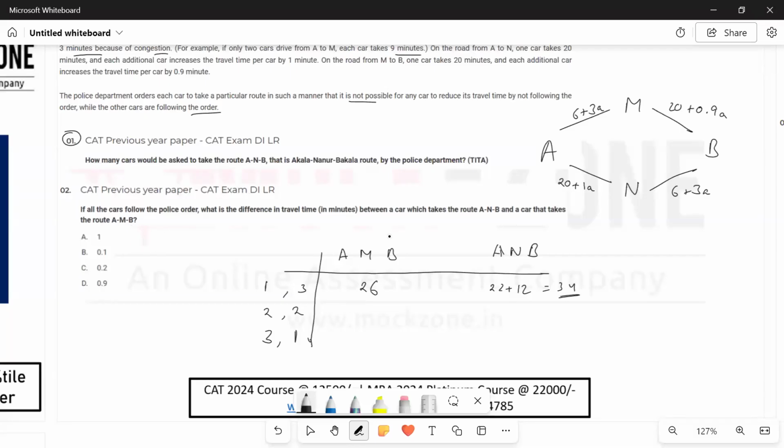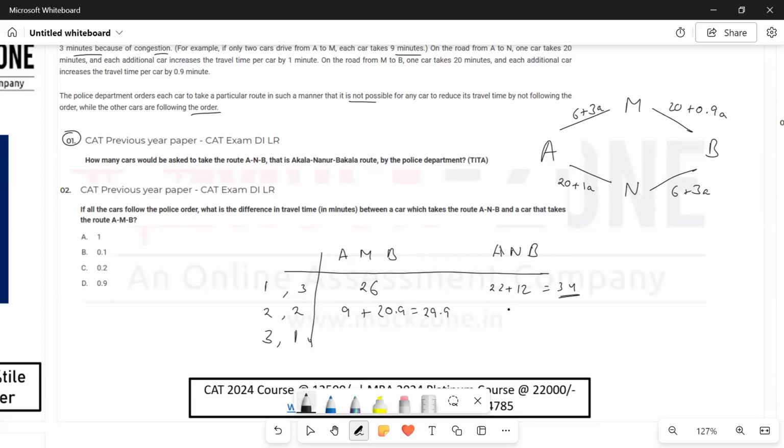If there are two on each road, how much time will it take from A, M, B? It will take 9 for the two cars. So we are talking about the time per car. So per car from A to M, it will be 6 plus 3, 9 minutes plus 20 plus 0.9. So this will be 20.9, which will be 29.9 minutes.